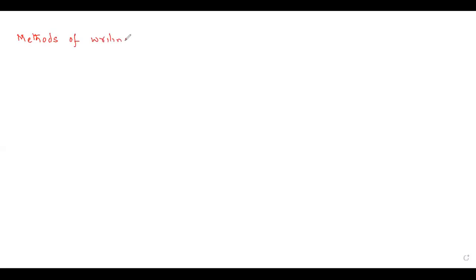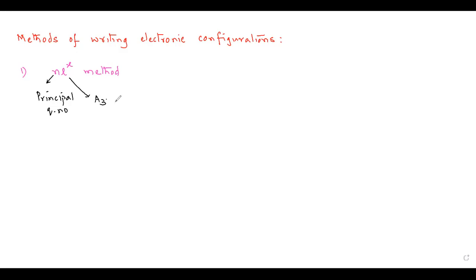Now, see, I have 4 different types of writing electronic configuration. The first one is the nlx method. You know what n is? n is the principal quantum number, right? l is the azimuthal quantum number.